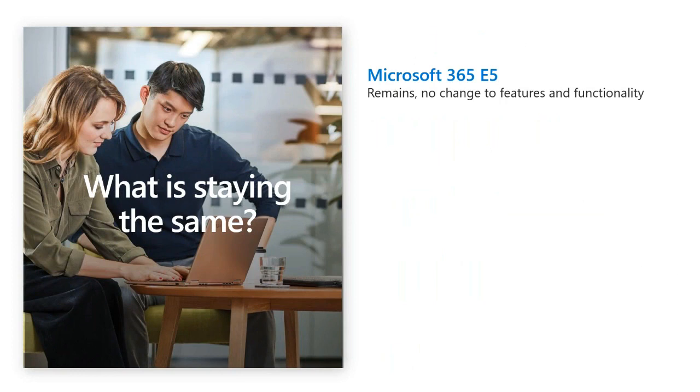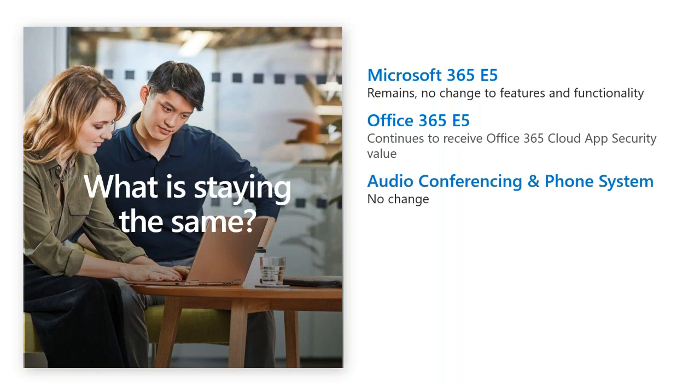And what's staying the same? Nothing really changes if you have Microsoft 365 E5, all those features and functionality are still there. Office 365 E5 users continue to get that Office 365 Cloud App Security value, so nothing changes there. No change in audio conferencing and phone system.